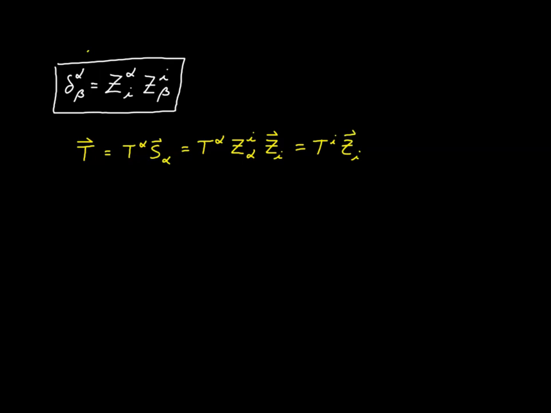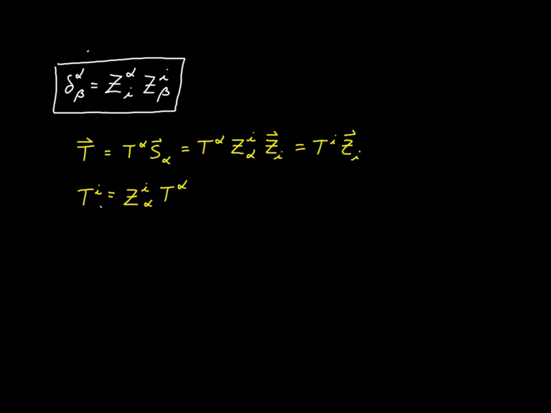And that means that we really can now equate this expression to this one. And that's what I'll do in the next line here. We'll simply say that Ti then is equal to Zi alpha times T alpha. So the shift tensor contracted with the vector components in the surface perspective will give us the vector components in the ambient perspective.